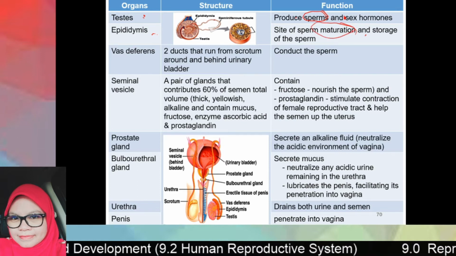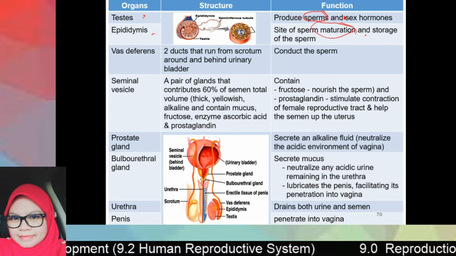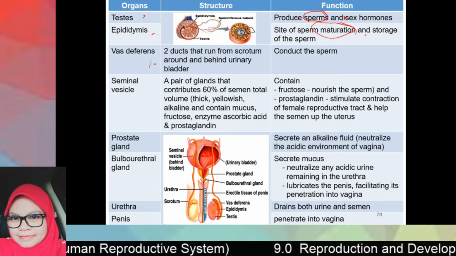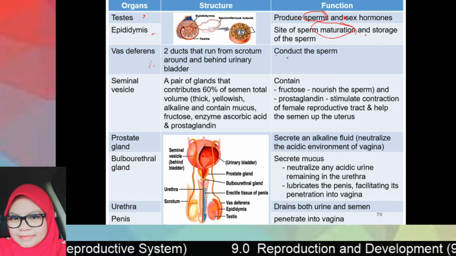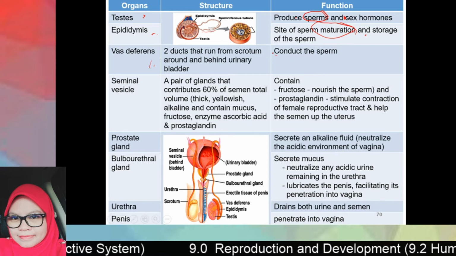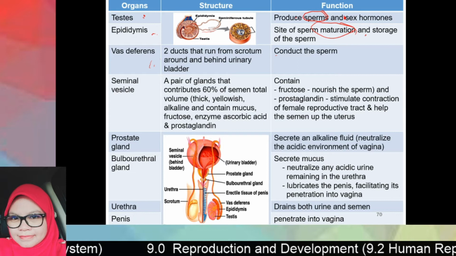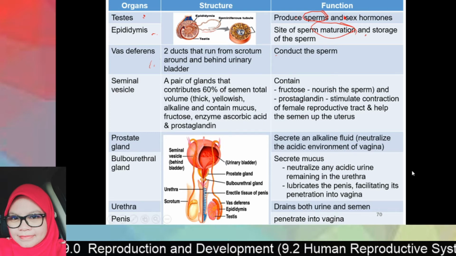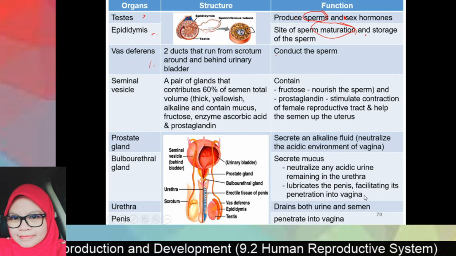After that, the sperm will transfer to the vas deferens. So the vas deferens is actually like a passage to carry the sperm. Then, after passing through all the ducts, the sperm will pass through the glands.